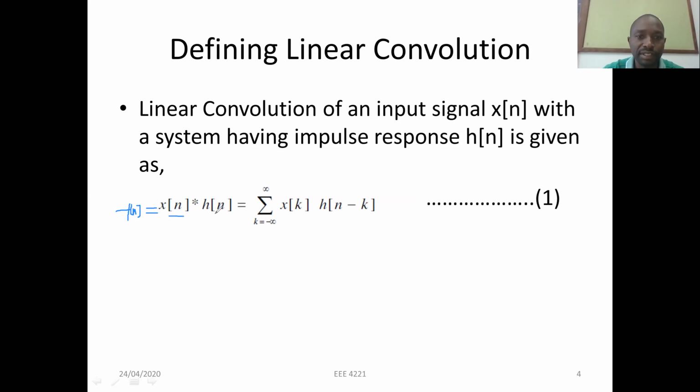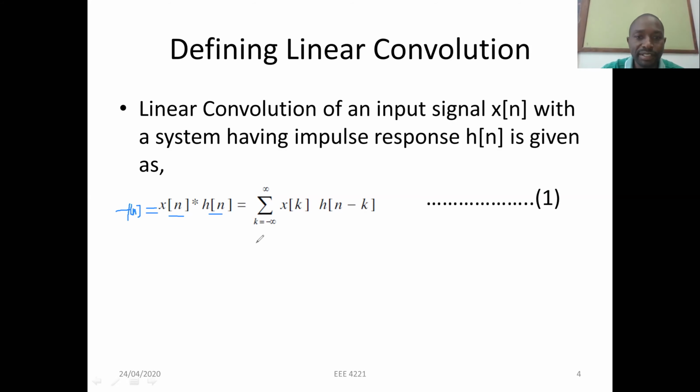This is also equal to the summation of x of k, where k runs from negative infinity to positive infinity, multiplied by h of n minus k. That's from the definition, though practically most signals will run from k equals 0 to some value, say k equals 5 or k equals 8 and so on.